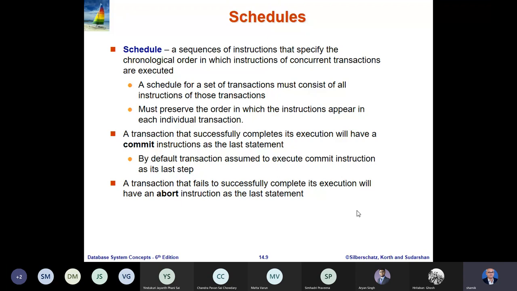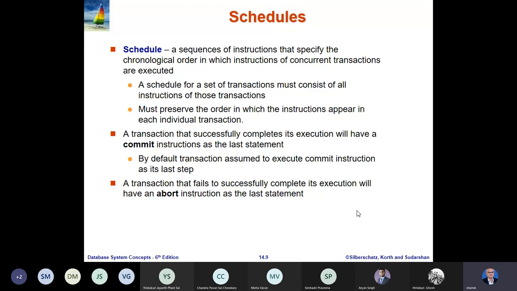Consider your ERP application: you choose your subjects to register, then you say submit, and it asks are you really sure, and again are you really sure, and after you click yes, it says your registration has been successfully saved. So the end of the transaction has what is called a commit statement.